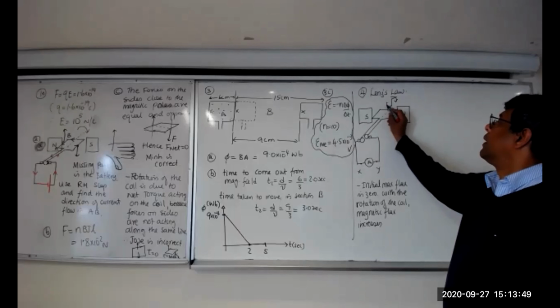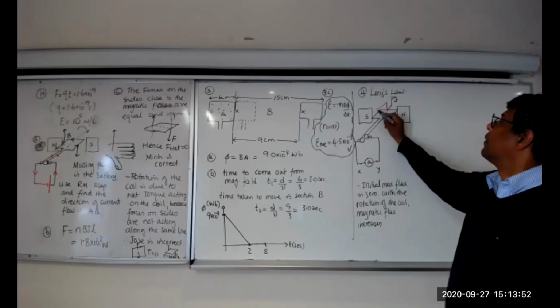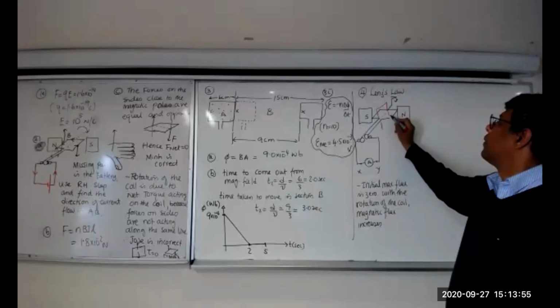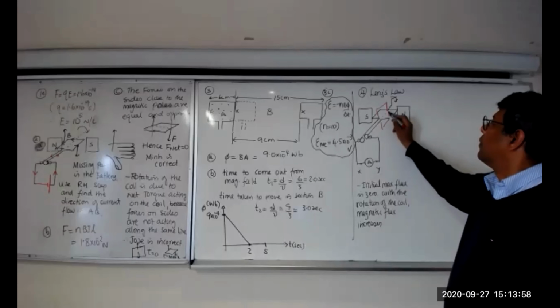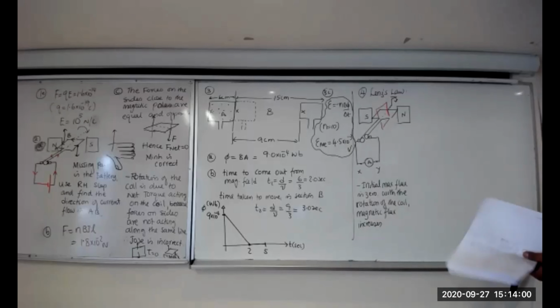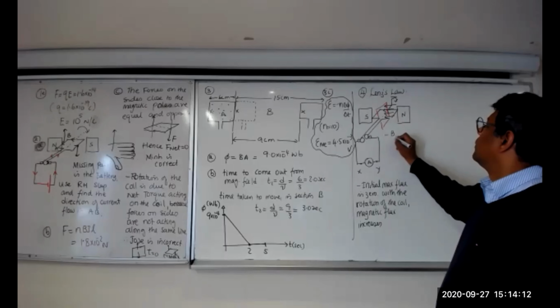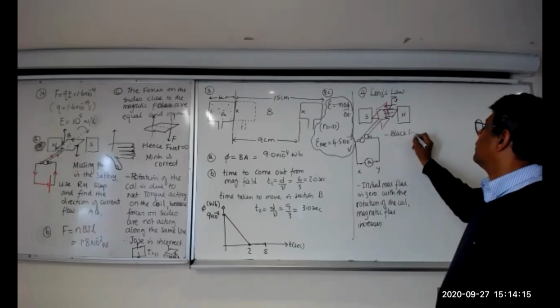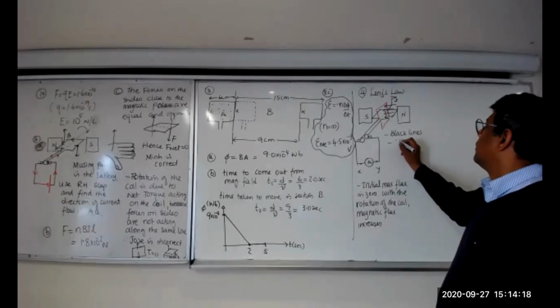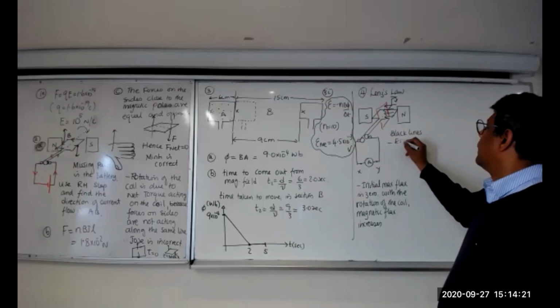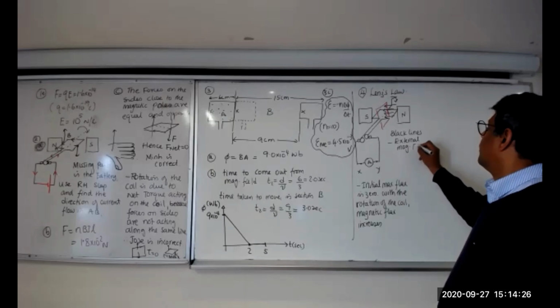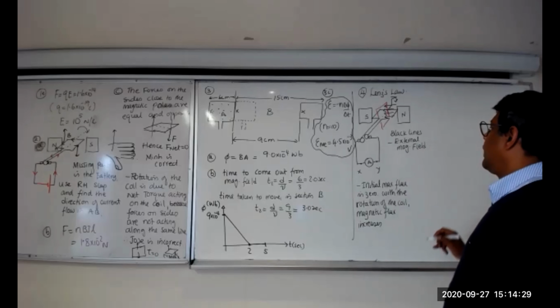If I rotate like 90 degrees, this is what you're getting. I will draw these black lines to indicate this is the external magnetic field provided by the magnets.